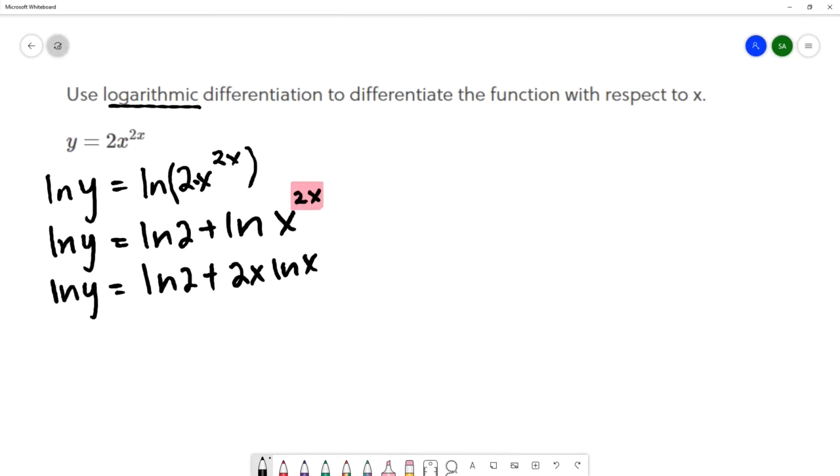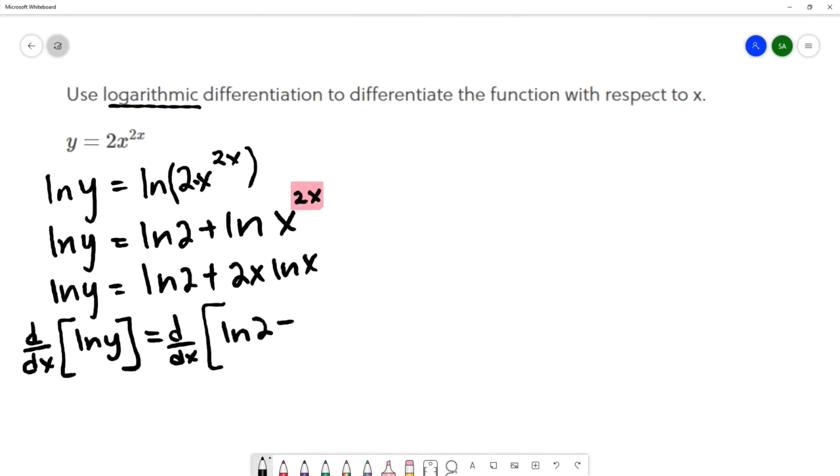So what I'm going to do is calculate the derivative on both sides of this equation. And I'm going to calculate the derivative with respect to x on the left and the derivative with respect to x on the right. We're balancing, doing the same thing on both sides of the equation.